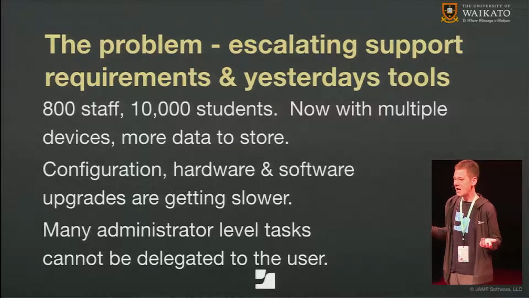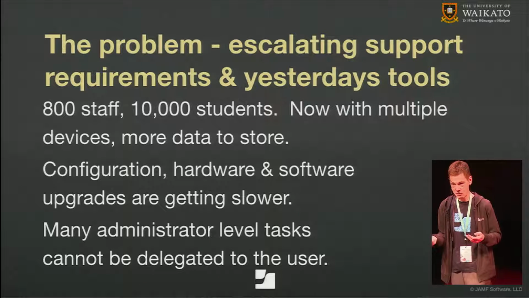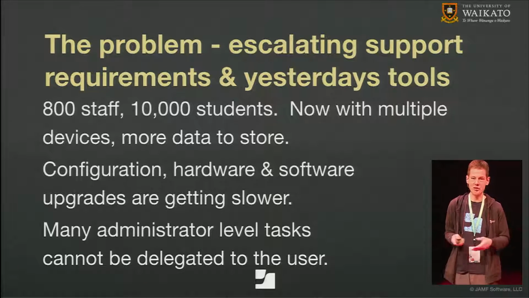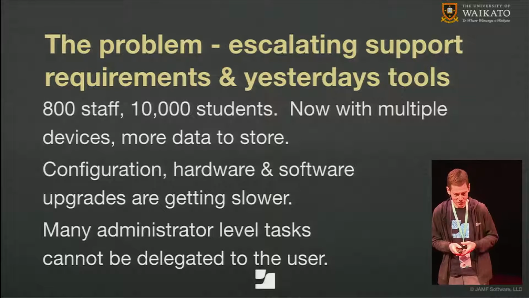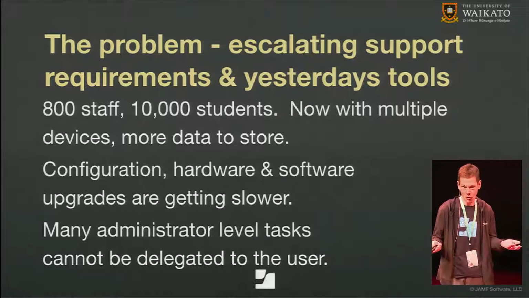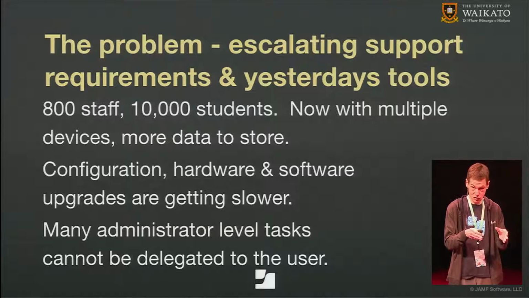So we've got 800 staff and 10,000 students. And we run a BYOD environment for our students. So we have a whole collection of weird stuff coming on campus, from Chromebooks to Dad's old BlackBerry to who knows what. And all have to be managed and got onto the Wi-Fi and successfully getting student content.